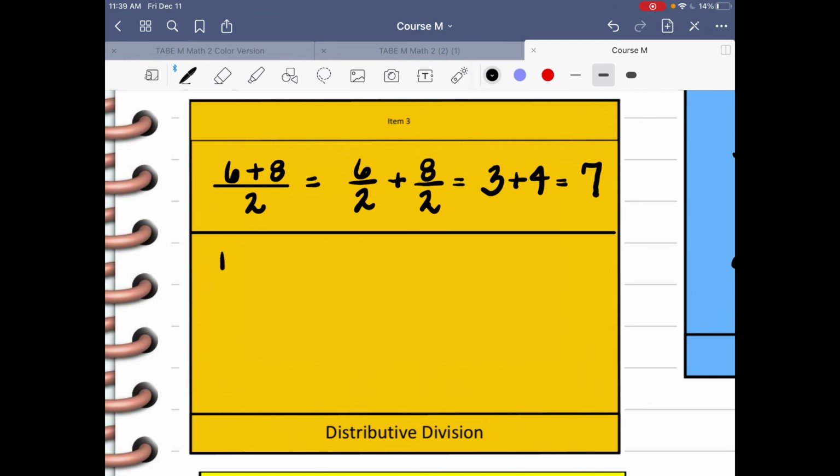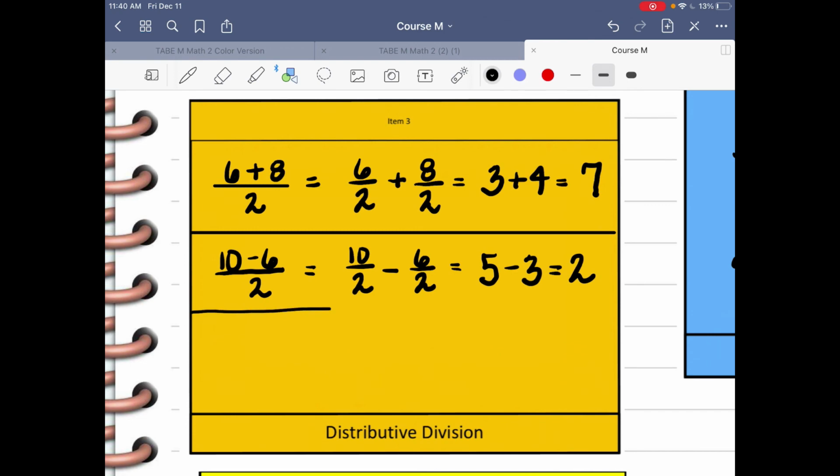What if we had (10 minus 6) over 2? So we could break it apart and get 10 over 2 minus 6 over 2. 10 divided by 2 is 5. 6 divided by 2 is 3. 5 minus 3 is 2. So let's look at one with variables.